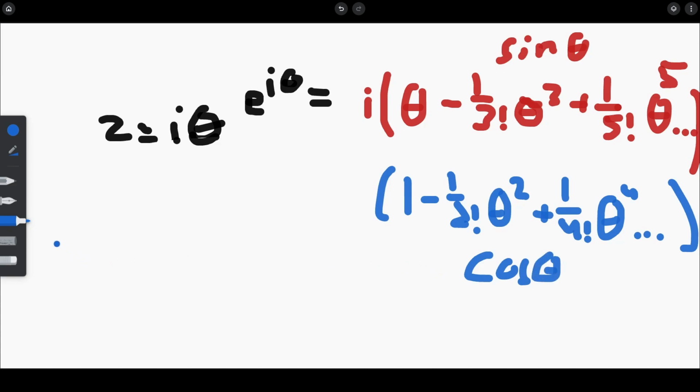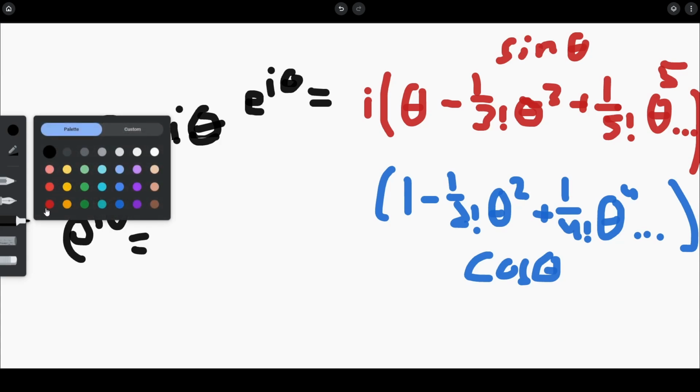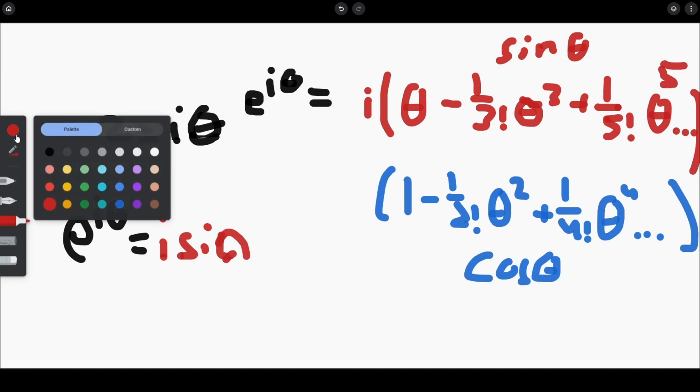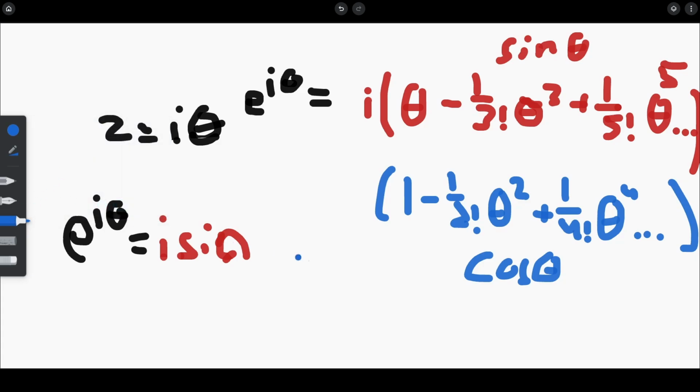So why don't we rewrite this as follows? e to the i theta is equal to i times sine of theta plus cosine of theta.